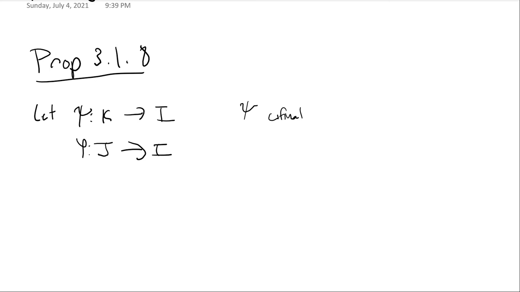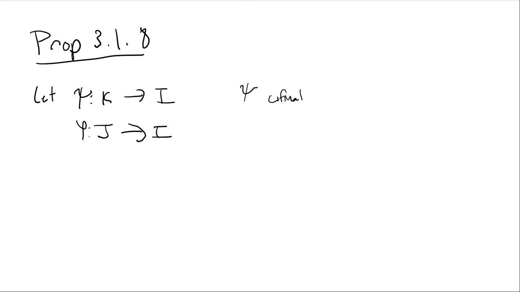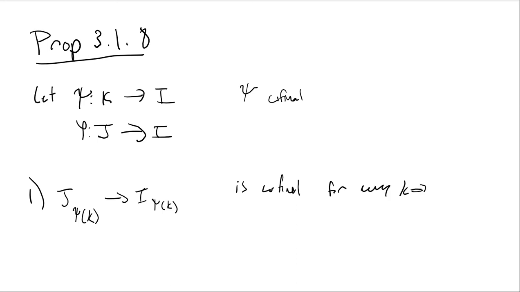Then under these conditions, we have two statements. First, if J_psi(k), the induced functor from J_psi(k) to I_psi(k), is cofinal for every k, then phi is cofinal.